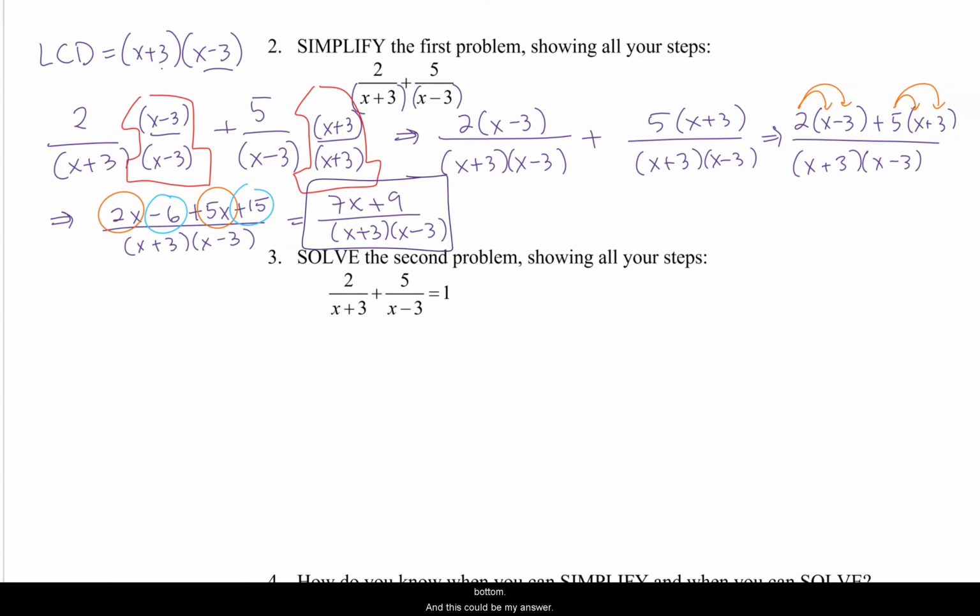And this could be my answer. Or if we want to multiply out the denominator, we could. And this is a difference of squares. We'd multiply it out and get x squared minus 9. Either of those are acceptable answers. But notice we have an expression as the end result, not an equation with a variable equals a number.